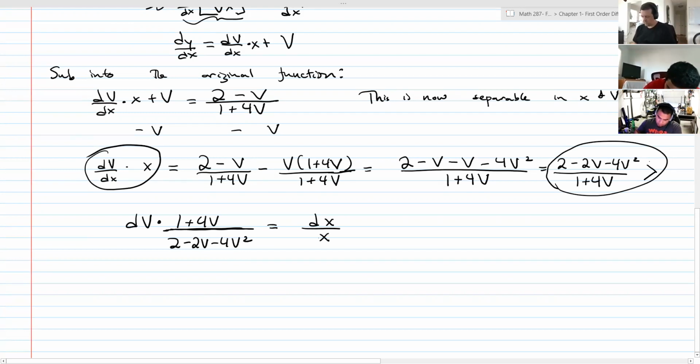So just go in, do the separation of variables, do the math. You're going to divide through by 2 minus 2v over minus 4v squared over 1 plus 4v, so you'll multiply by the reciprocal, and then do the same thing with the dx and the x.